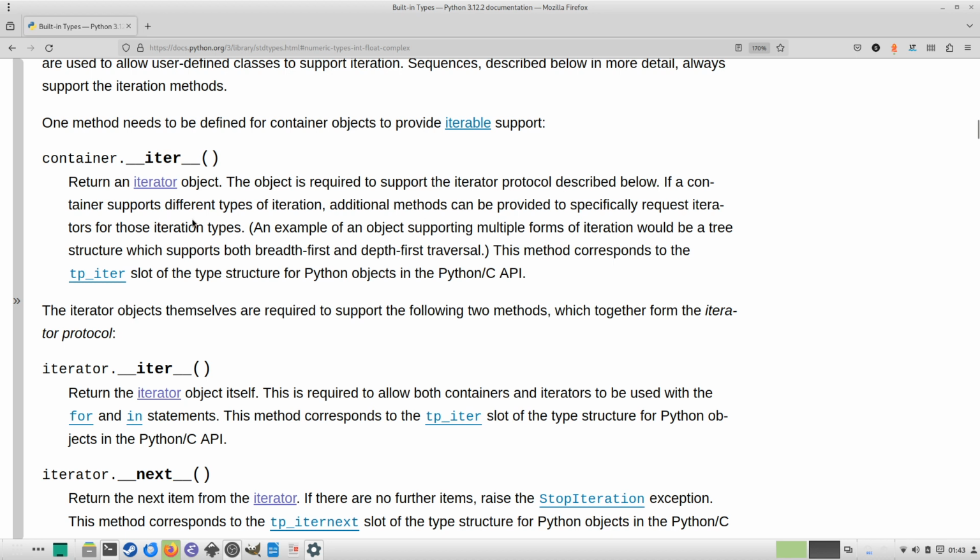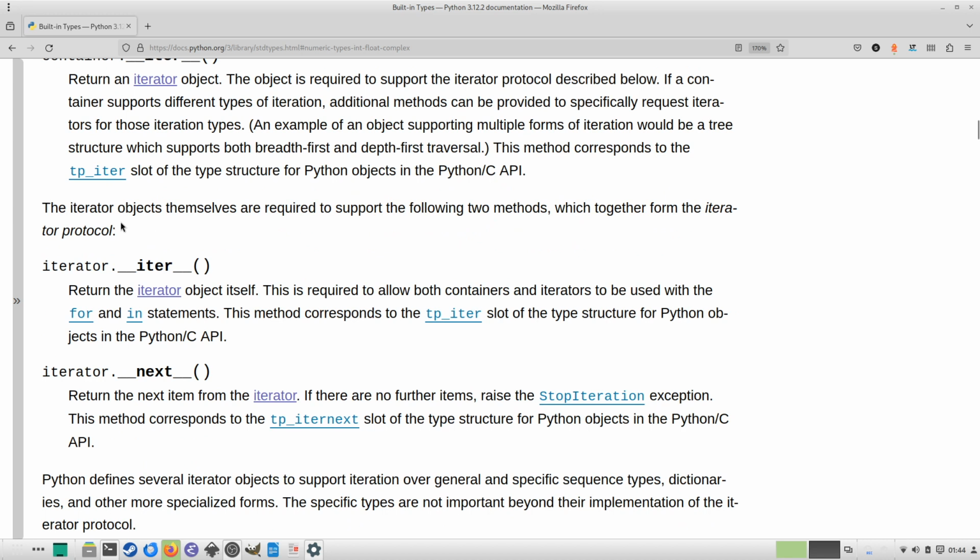If a container supports different types of iteration, additional methods can be provided to specifically request iteration for those types. An example of an object supporting multiple forms of iteration would be a tree structure which provides both breadth first and depth first traversal. This method corresponds to the tp_iter slot of the type structure for Python objects in the Python/C API. The iterator objects themselves are required to support the following two methods, which together form the iterator protocol.